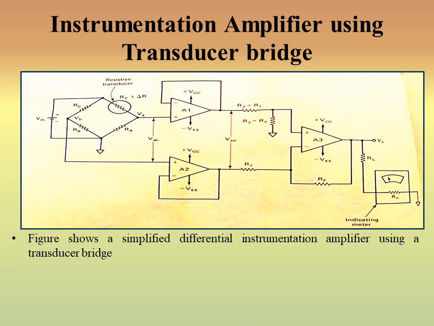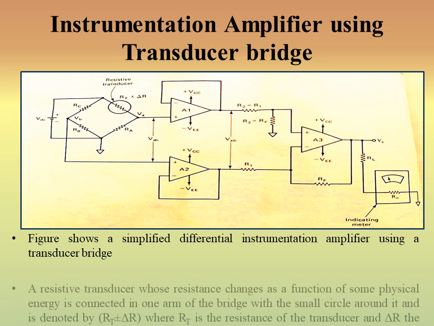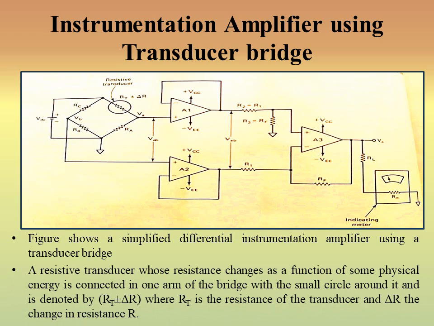The figure shows the simplified differential instrumentation amplifier. Here a resistive transducer whose resistance changes as a function of some physical energy is connected in one arm of the bridge with a small circle around it, and it is denoted by RT plus minus delta R, where RT is the resistance of the transducer and delta R is the change in the resistance produced.